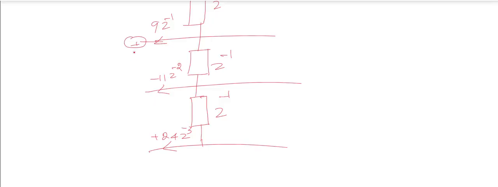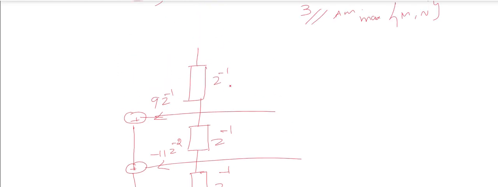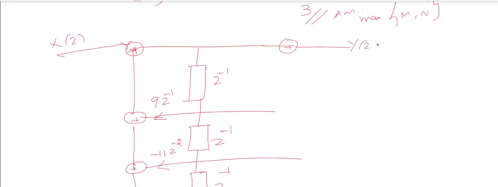So you can add, so this will be the adder. So this is X of z, and this is Y of z.